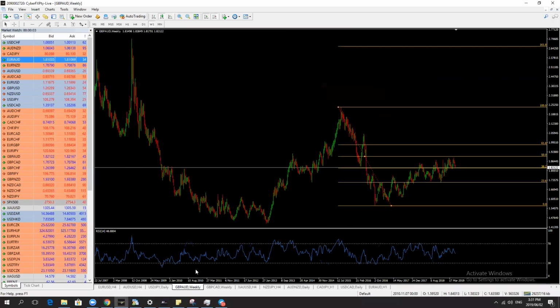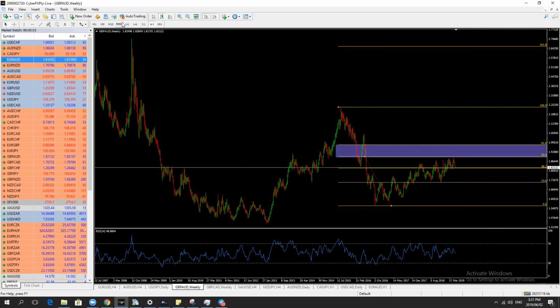This is another pair, GBP AUD. It's been a long downtrend. It retraced and came to our area of importance there. There's a possible reversal coming to the downside.